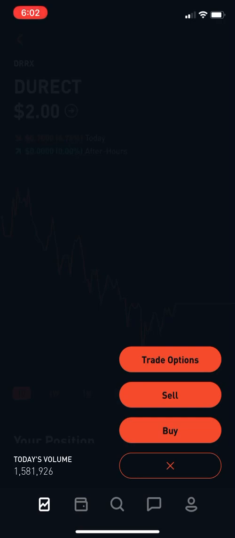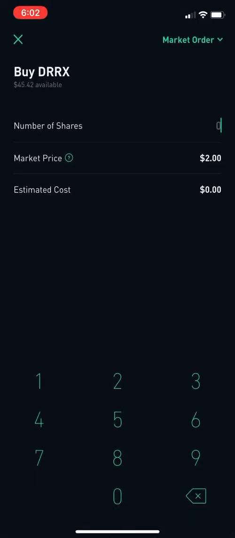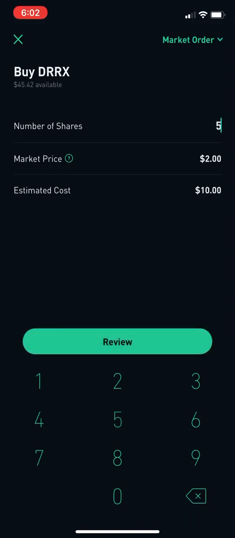But you can see there's a buy and sell. So let's look at buying. Say I were going to buy a number of shares. The number of shares would be however many you want, of course. So let's say I wanted to buy 5 more shares. The market price for a share right now is $2. So it'll tell you the estimated cost.